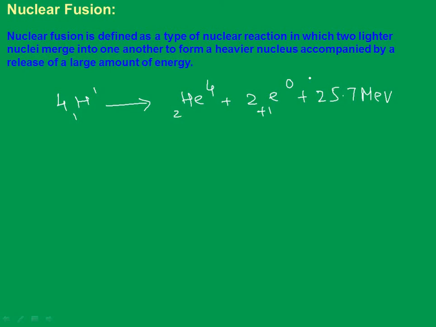But you understand, this energy is small compared to the energy released in fission, 200 MeV, while here it is 25.7 MeV. But if you consider the energy released per nucleon, this is much smaller, isn't it? Look carefully: in uranium-235, a neutron plus uranium-235 undergoes fission, and the energy released is 200 MeV.